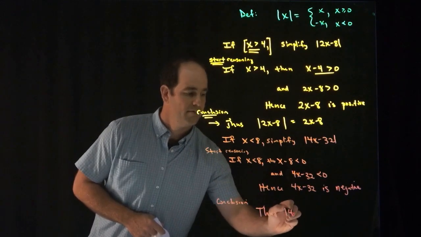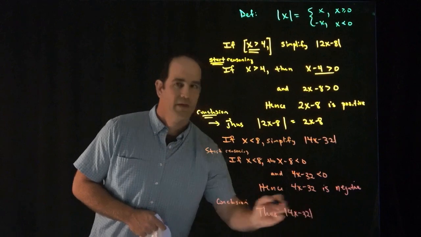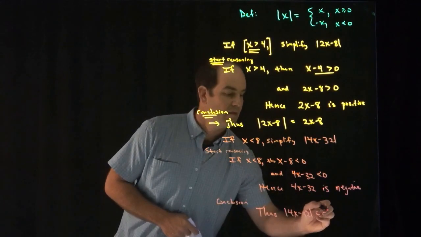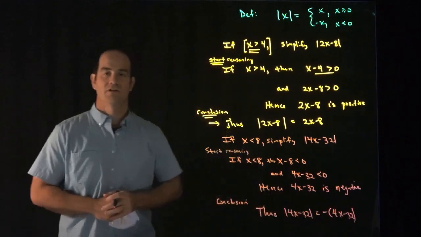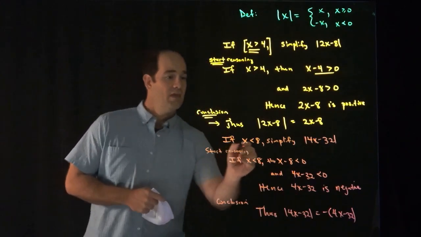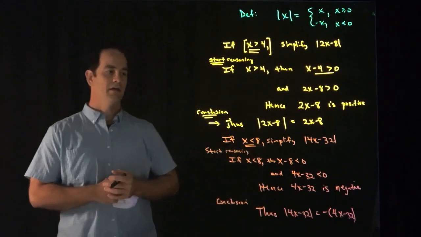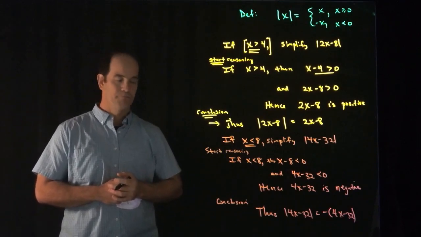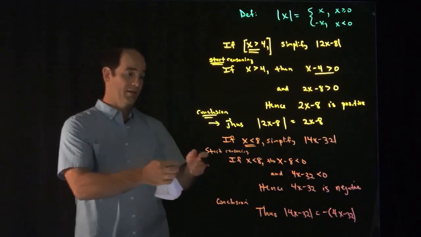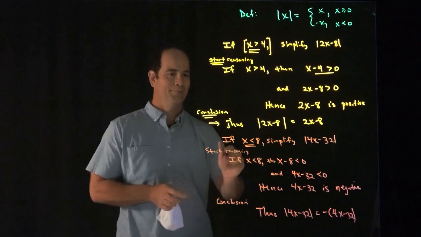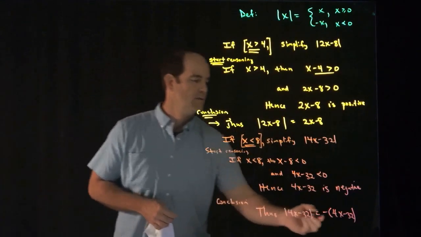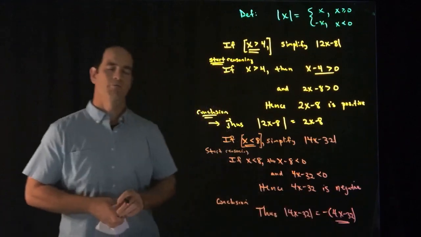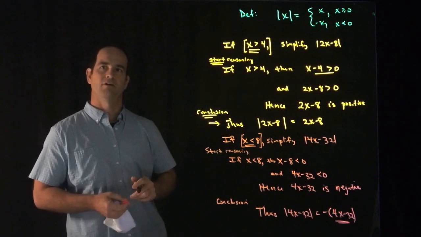The absolute value of 4x minus 32 is in fact the negative of the quantity 4x minus 32 for these particular values of x. So what we're doing is we're using a little extra information, in particular a range of values for x, to make a simplification of an absolute value expression.